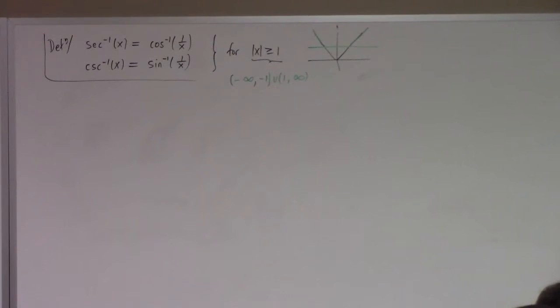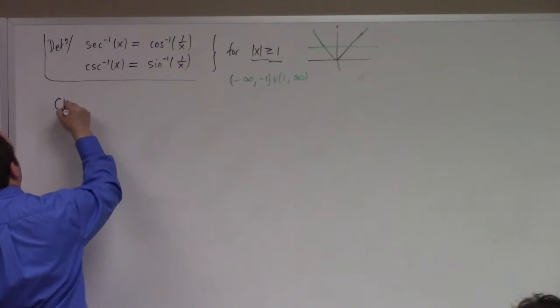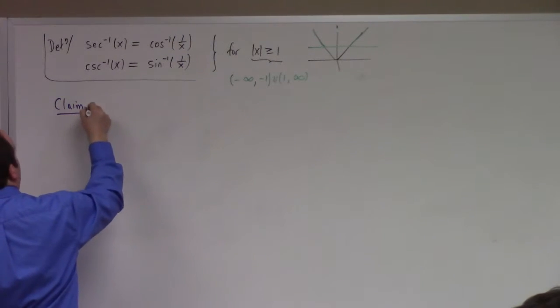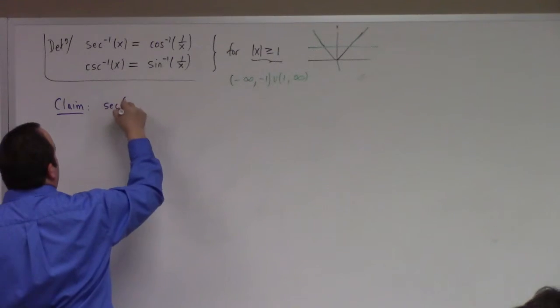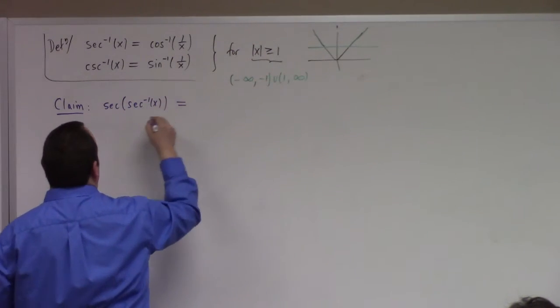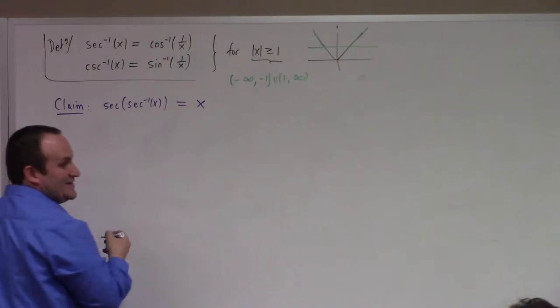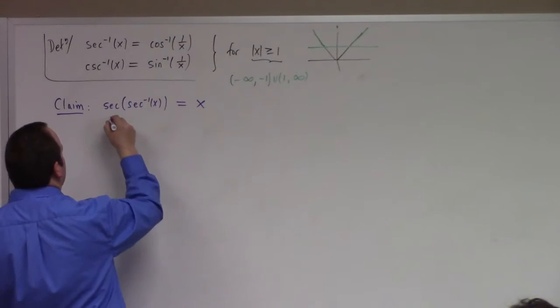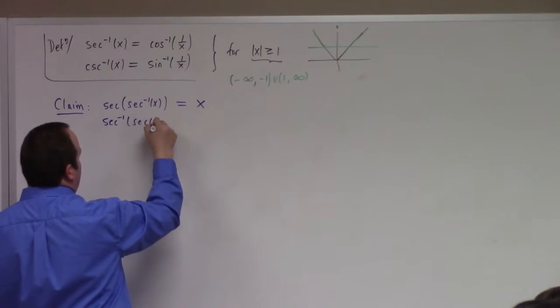Nature of the beast. Now, in the exercises, you're actually asked to prove a claim that these are good definitions. What would make this a good definition is that secant of secant inverse is what? I should hope that this is equal to x again. And I would also hope that the secant inverse of the secant of x is equal to x.